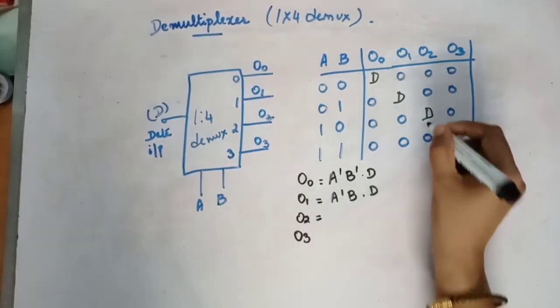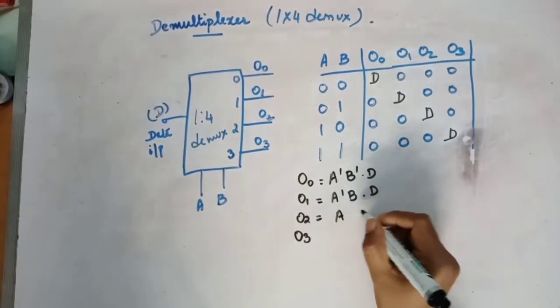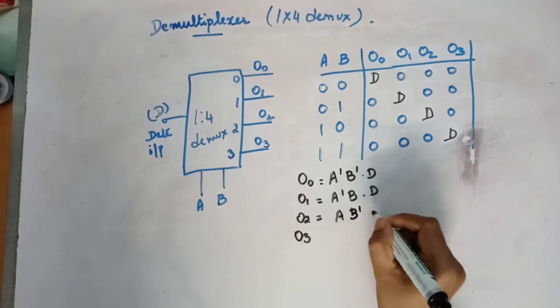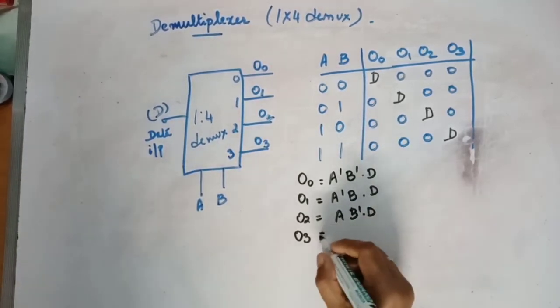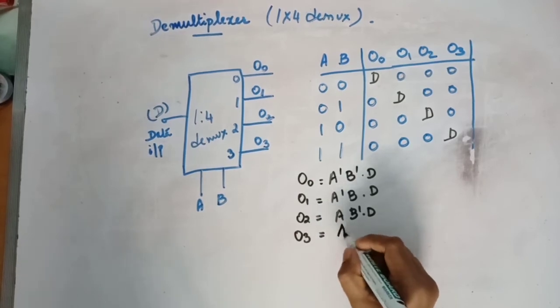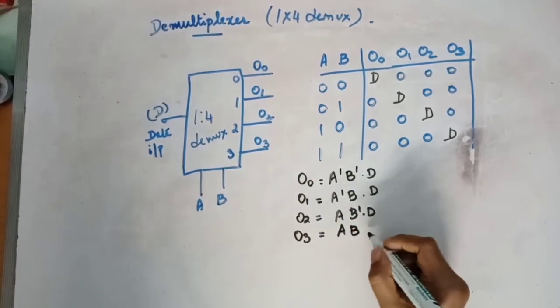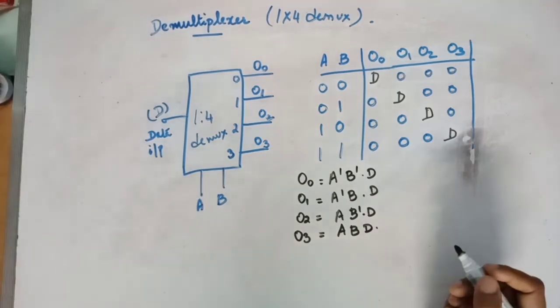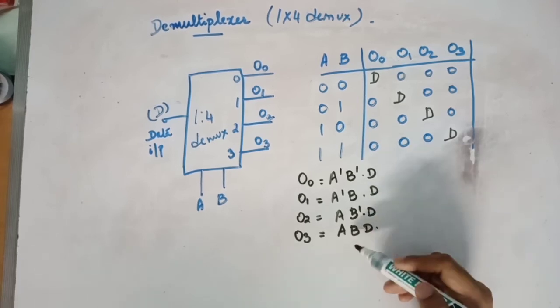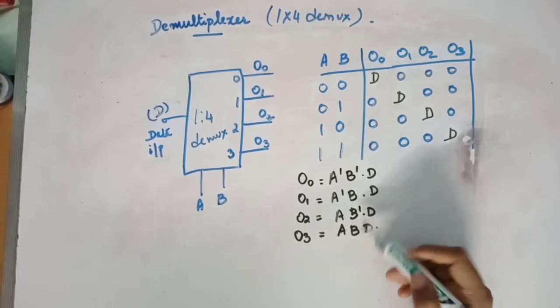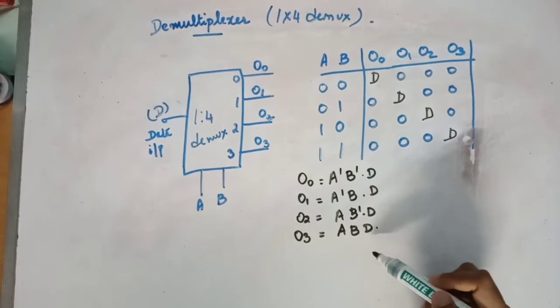O2 you'll get when A is 1 and B is 0 and whatever is in D will come. And O3 you'll get if A is 1, B is 1 and whatever is in D will come to the output line. So here it is not in the SOP form, all are in the product form.